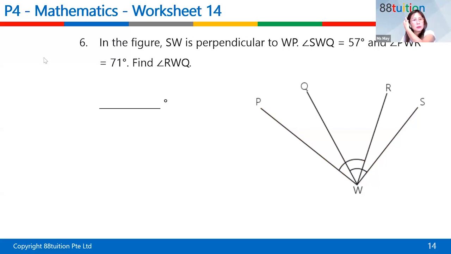Okay. So SWQ is 57. PWR is 71. So this is 71 degrees.